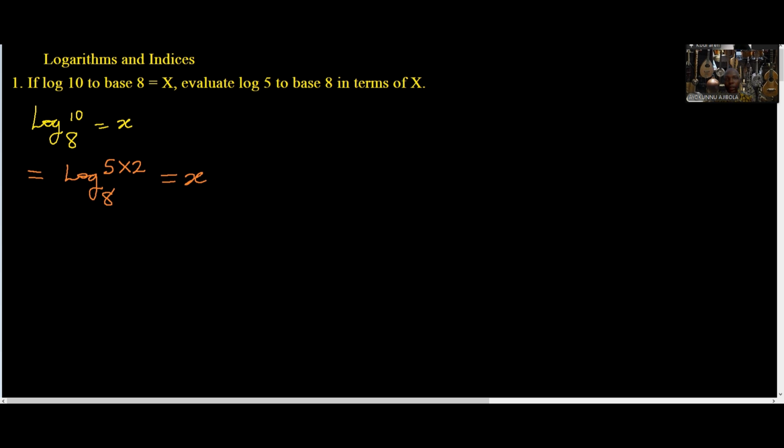Remember, under the laws or theory of logarithms, whenever we see multiplication, when we separate them, it means addition. Okay, so this is going to be log 5 base 8 plus log 2 base 8, equal to x.